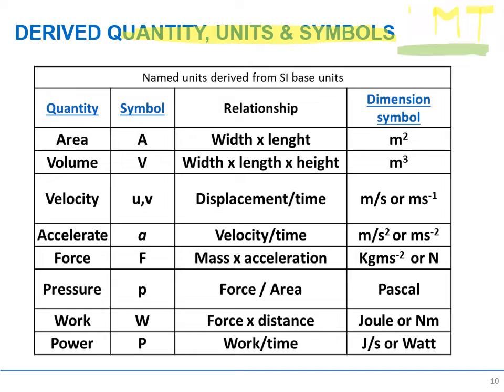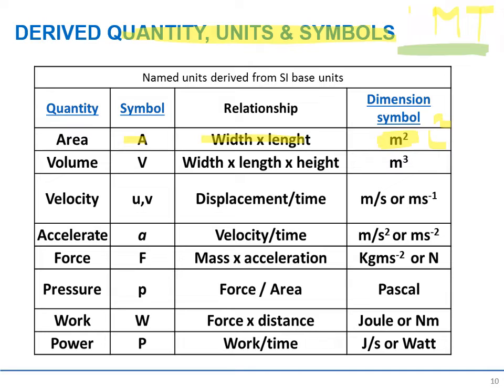Area, symbol A. What is the formula for the area? Width into length. We measure the width in meters, length in meters. So the unit will be meter square, but the dimension will be L square. We'll check these dimensions also.